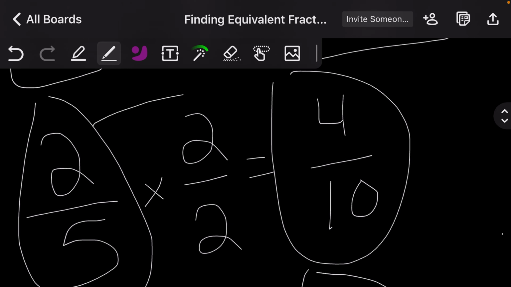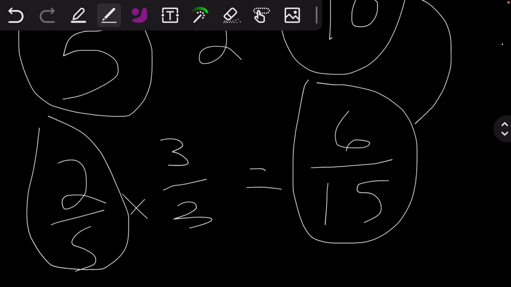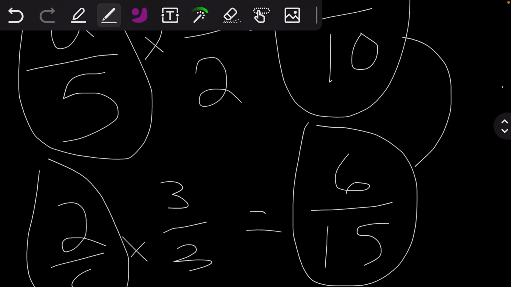So 2/5 is equal to 4/10, and 4/10 is equivalent to 6 over 15. All of these fractions, 6 over 15, 4 over 10, 2 over 5, take up the same amount of space, but they use different numbers.